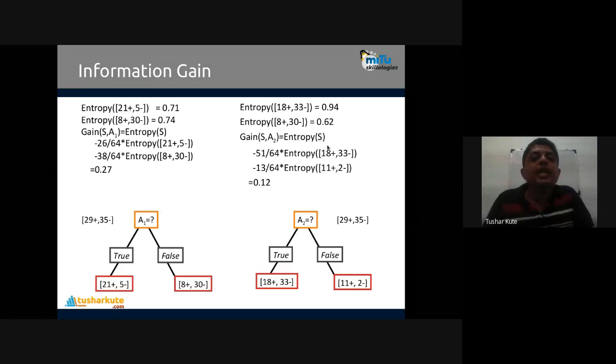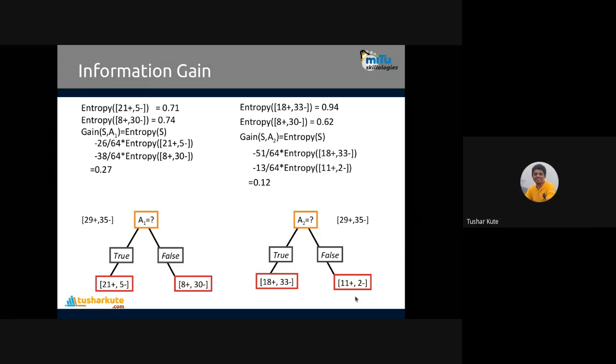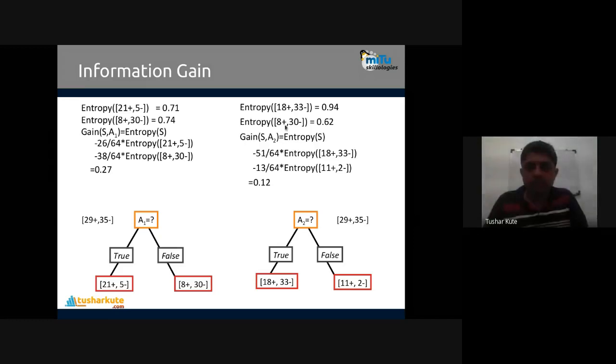And if we go to the A2 side, on this side you can see now 18, 33 and 11, 2 are there. For 18, 33 the entropy is 0.94, and for 8, 30 the entropy is 0.62 on this side. I think this should be 11 and 2 here. These numbers are missing. 11 and 2 are there.